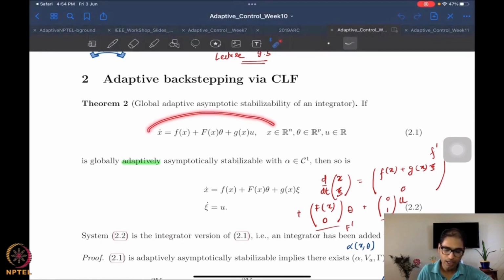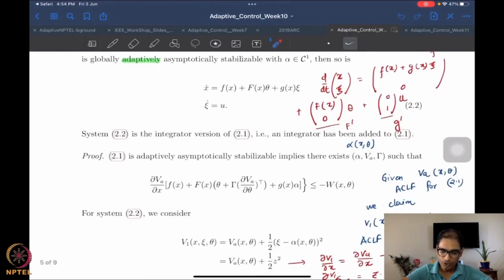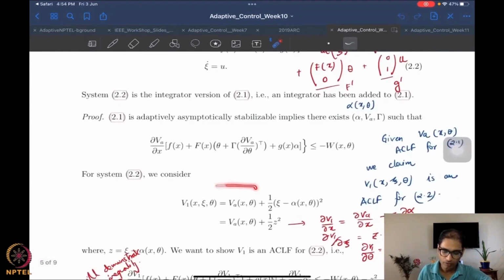And in such cases also we showed that if you do have an adaptive asymptotic stabilizability of systems such as this, then adding an integrator still helps you retain this adaptive asymptotic stabilizability property. And we even showed the construction of an augmented adaptive CLF for this system.